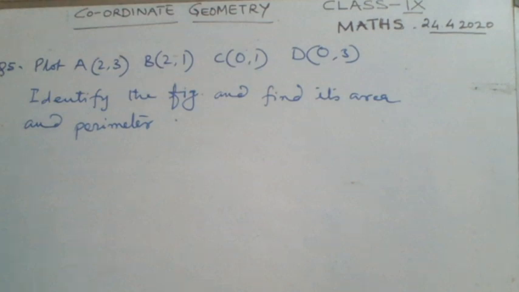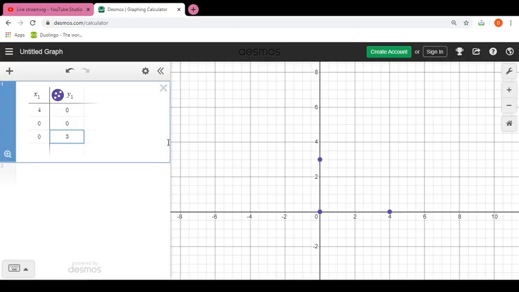Okay, so let us take the graph and I will explain question number 4 as well as question number 5. See, this was your question number 4.